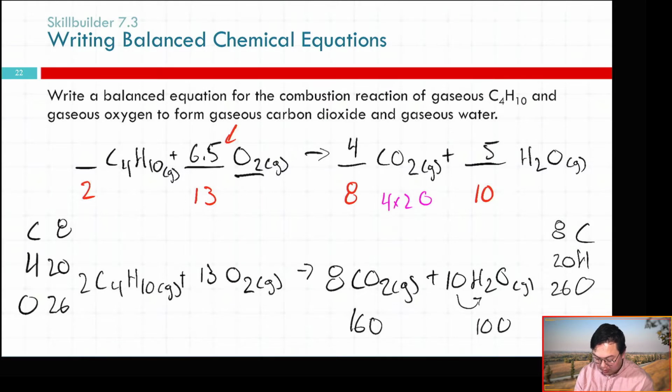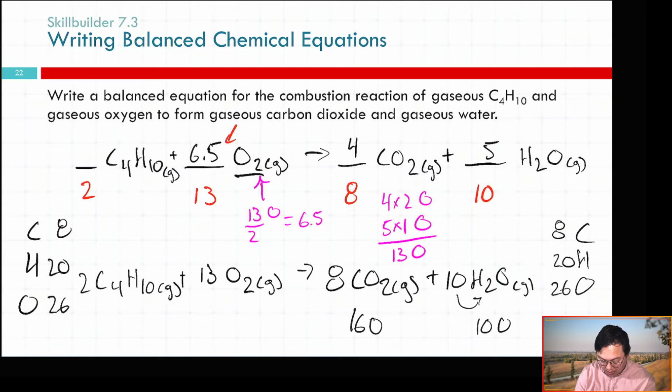And then we had 5 times 1, which gave us 13 oxygens. And then because this is O2, we're going to multiply whatever coefficient we have by 2. So what we do then is we take the 13 and we divide by 2 to get 6.5 O2.